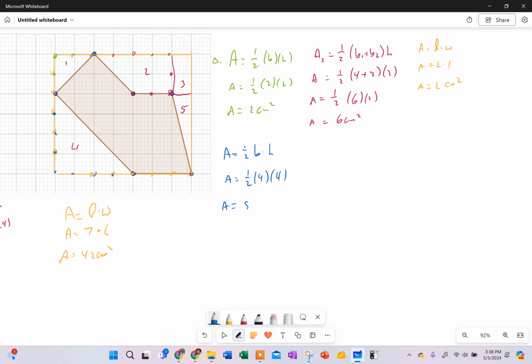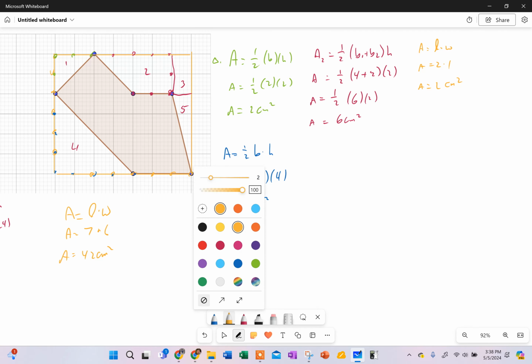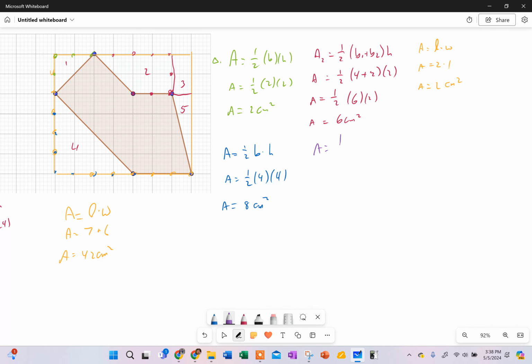Half of 16 is 8 centimeters squared. And then, oh my gosh, we have one triangle left. Thank goodness. I'm doing purple. Area equals 1/2 base times height. My base is 1. My height is 1, 2, 3, 4. Half of 4 is 2, so I have area equals 2 centimeters squared.